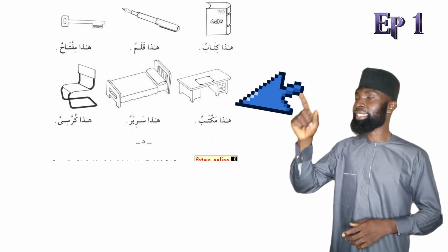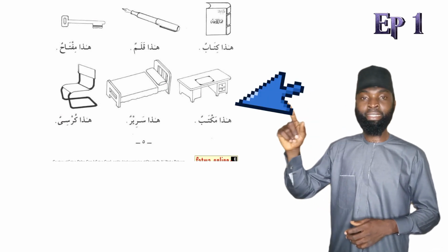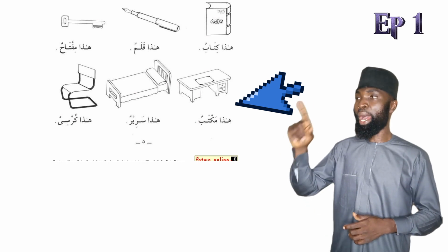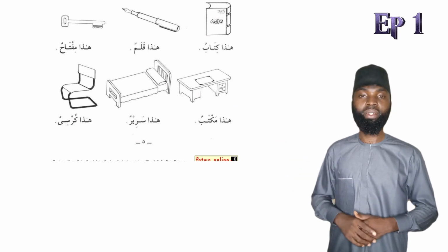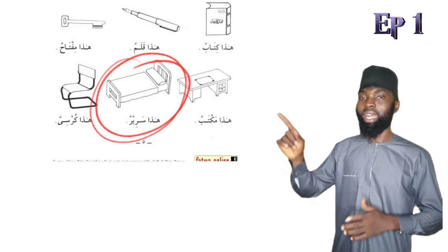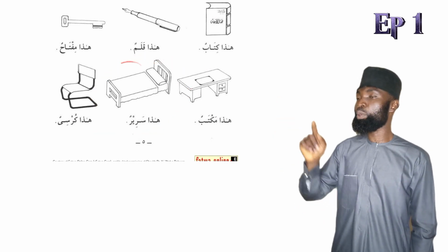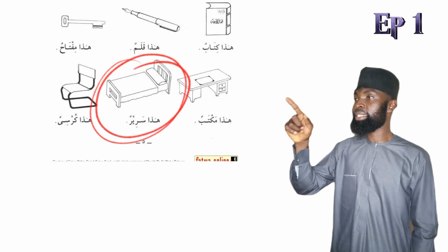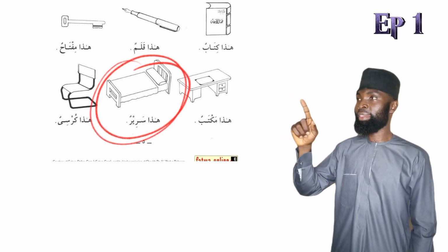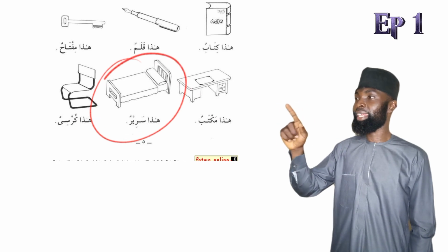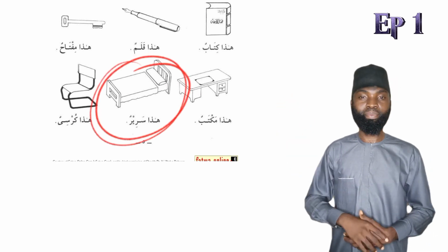This is a table. Now the next image, هذا سرير. This is a bed.